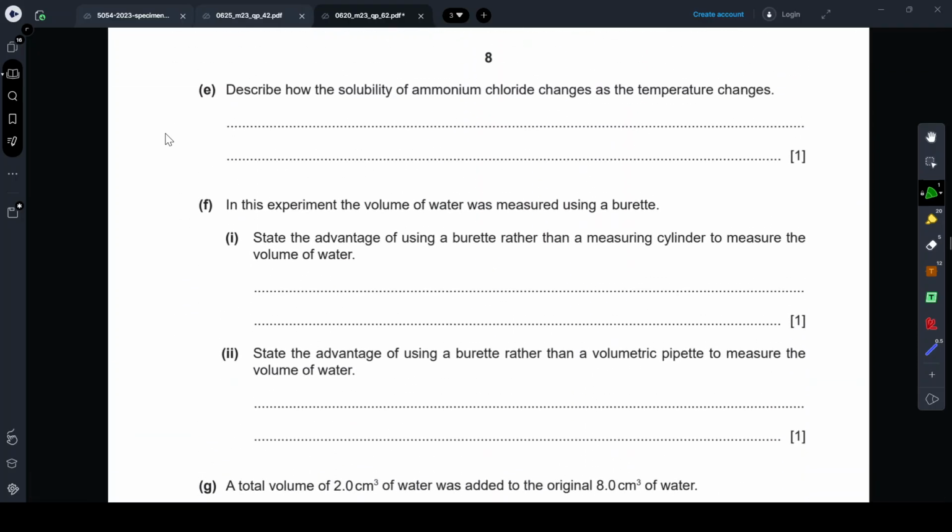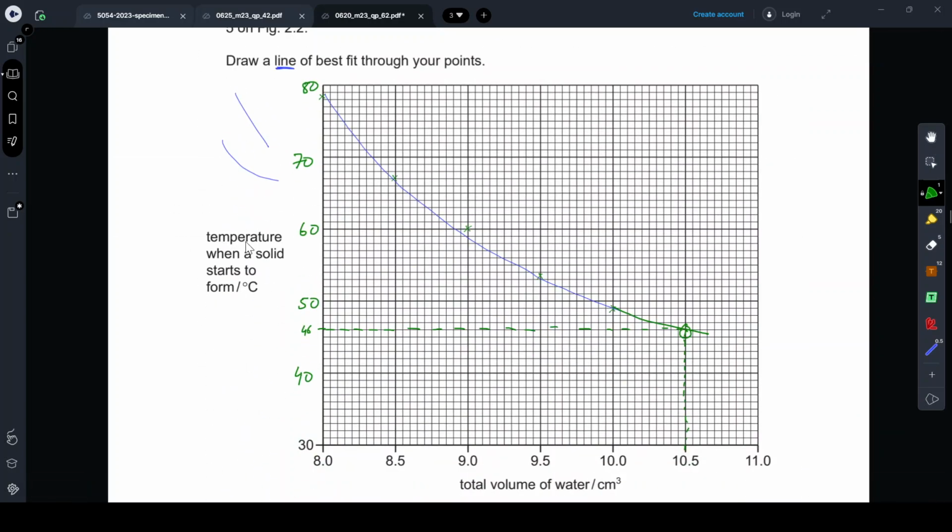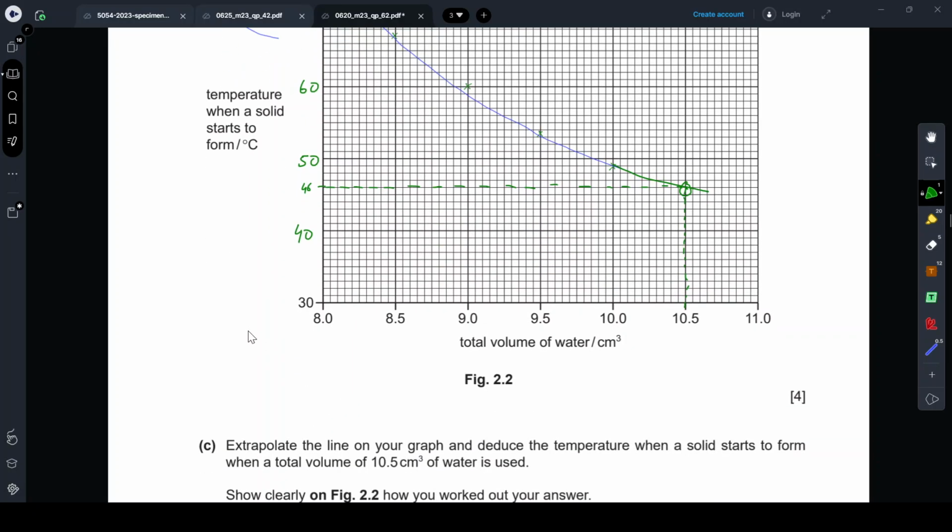Okay, describe how the solubility of ammonium chloride changes as the temperature changes. So again, if you take a look at the values, the temperature when the solid starts to form. When there's more water, it can go to a lower temperature before it starts to come back out of solution, which means solubility is how much solute a solvent can take at a particular temperature.